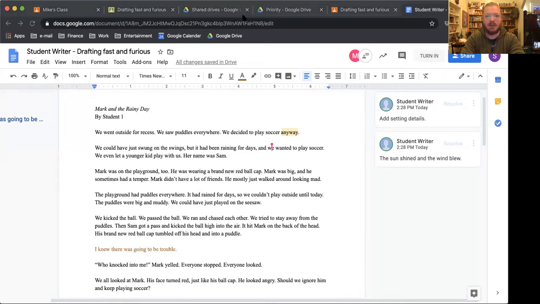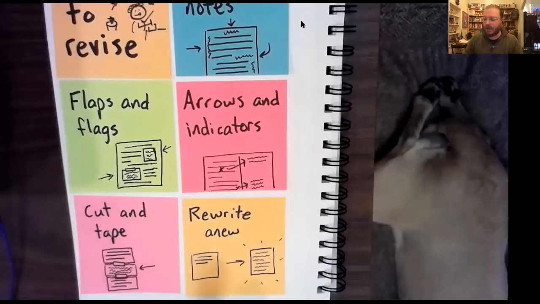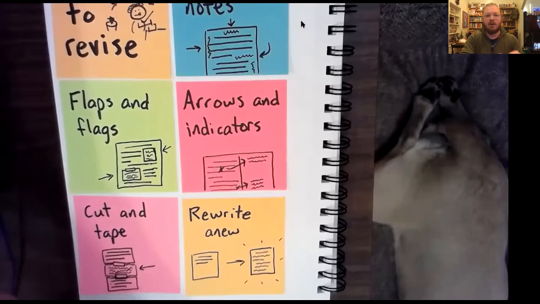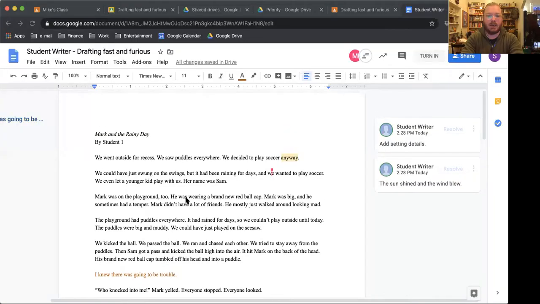Let's take a look at the last method that we might use for our revisions. And that method could be rewriting anew. To rewrite anew, one of the things we might have to do is perhaps open a new page, or another thing that writers sometimes do is they will just work in the document that they were already in.